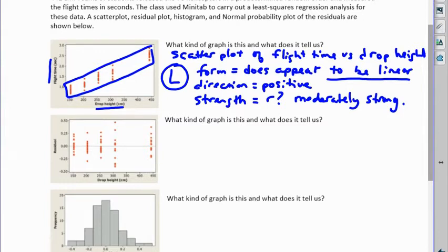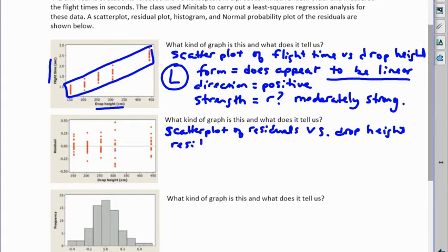Now what kind of graph is this next one? This looks like a scatter plot of residuals versus drop height. Remember what a residual is? The residual is equal to your observed y minus predicted y.